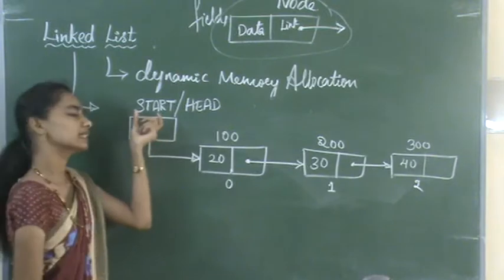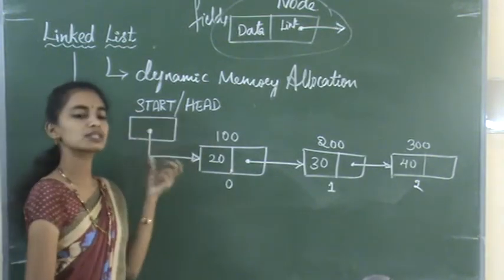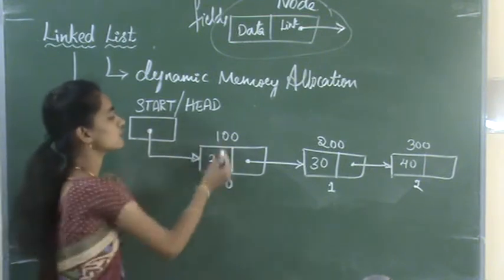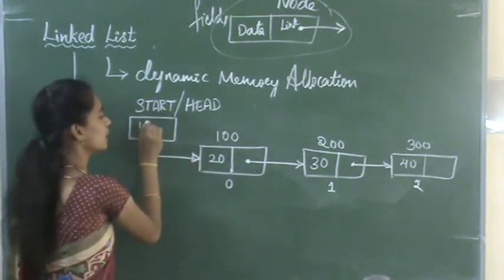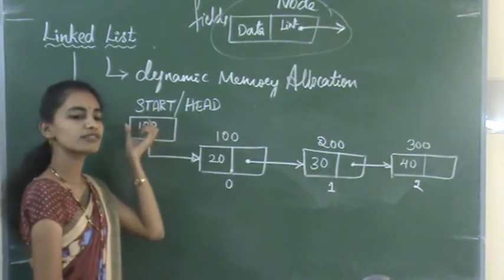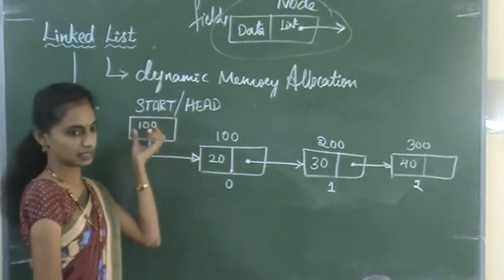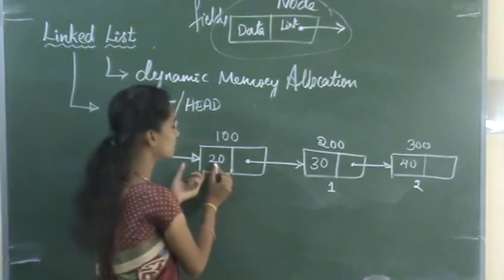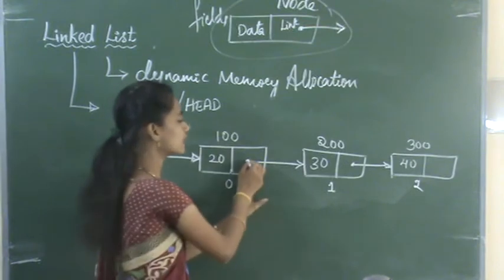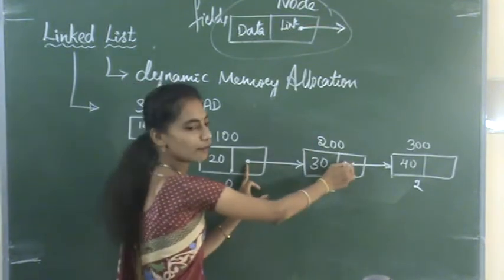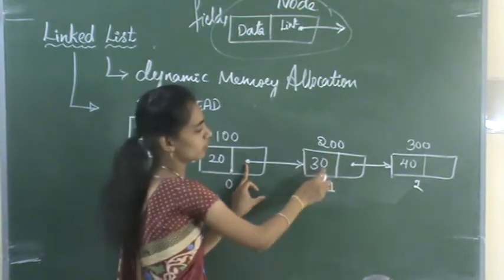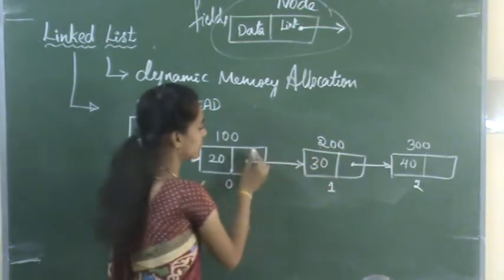I told you the start or head gives the location of the first element in the list, right? So this stores the value 100. It contains the address of the starting element in the list. Again, this is a data field and this is a link field, right? The link field contains the address of the next element. So what is the next node? That is this node. What is the address of this? It is 200.